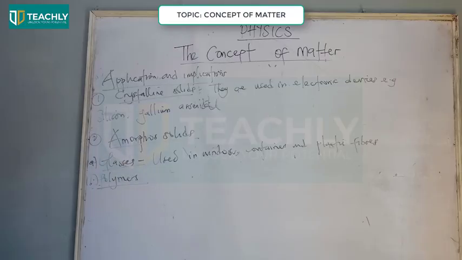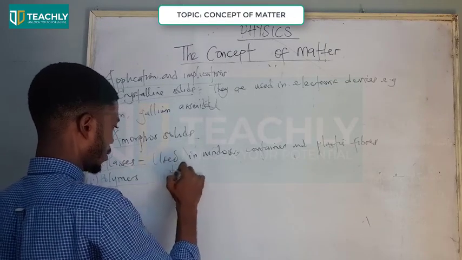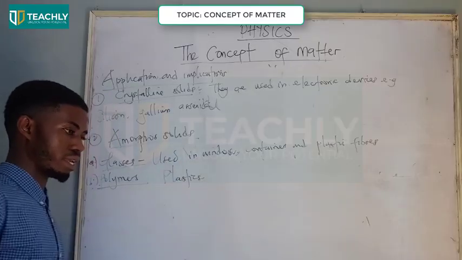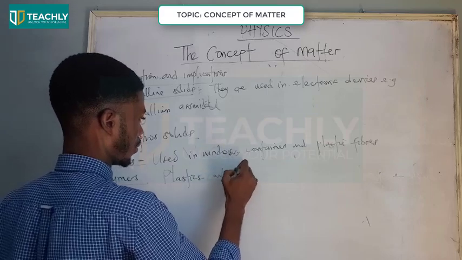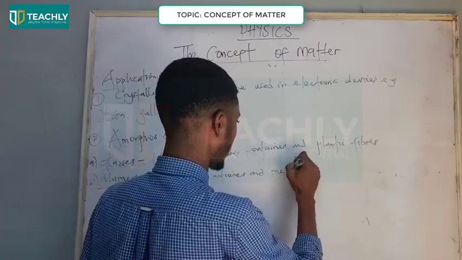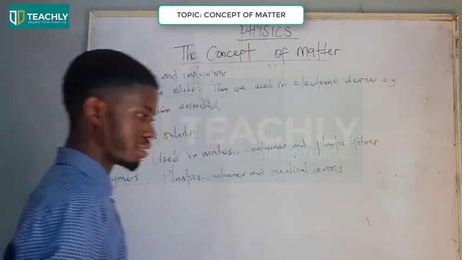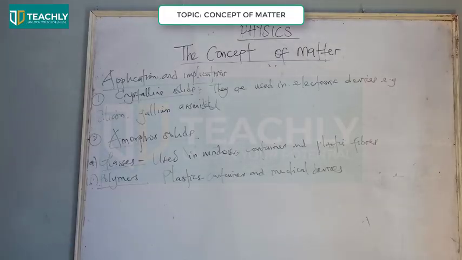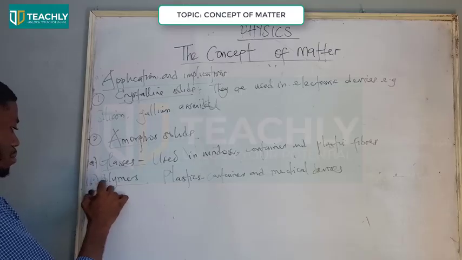For polymers, we have plastics, plastic containers, and medical devices. And then we have the last one, which is amorphous metals.